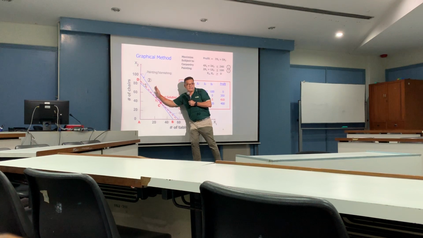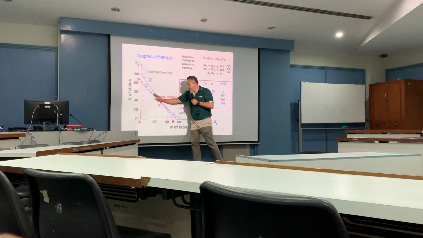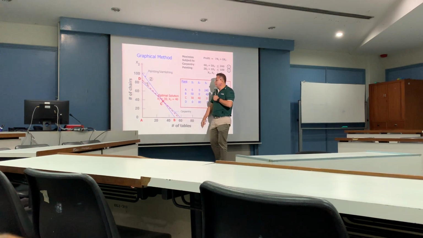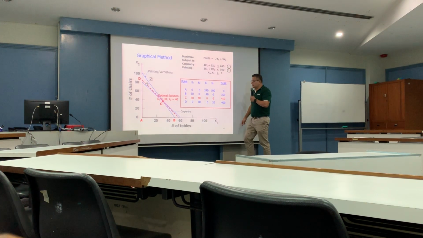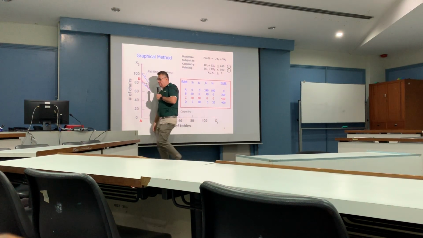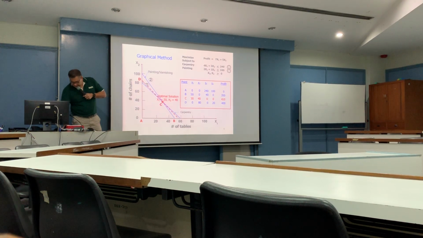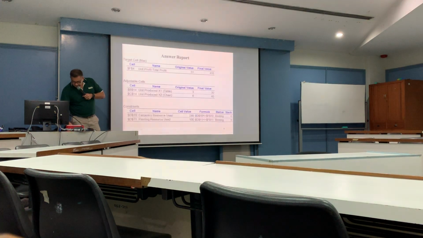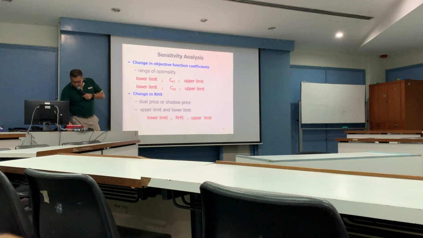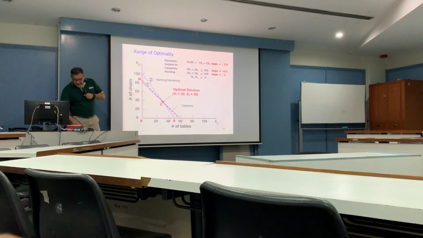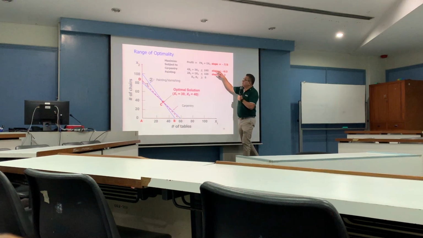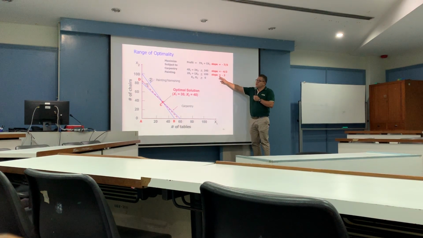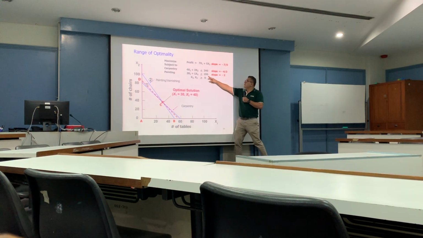Needs to be between 1 and 2 in order to have point C be the optimal solution. Constraint 1, the slope is minus 4/3, I think. Yeah. Constraint 1, slope is minus 4/3. Constraint 2, the slope is minus 2.